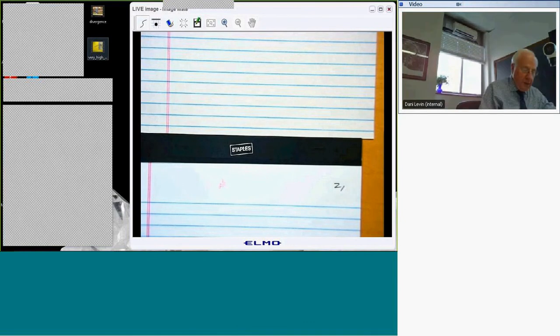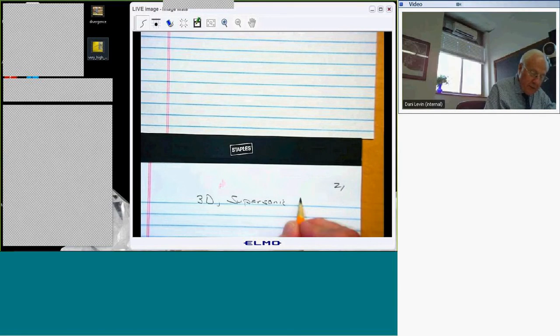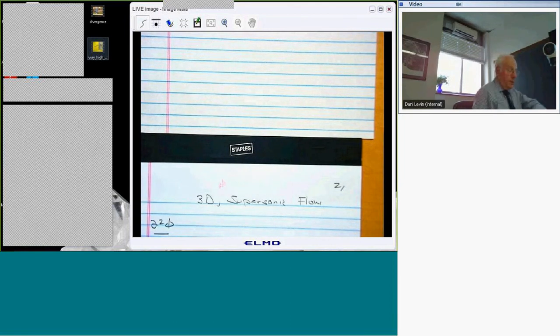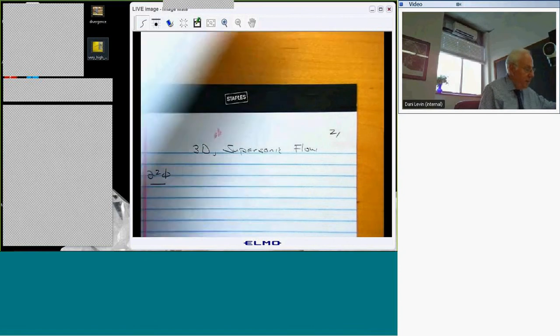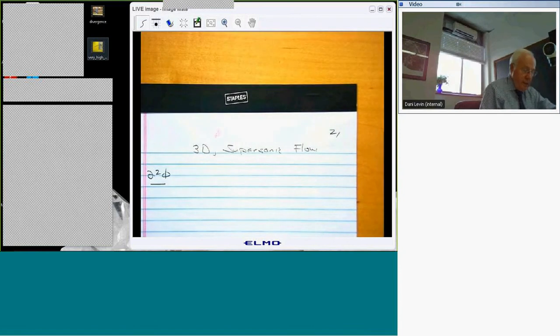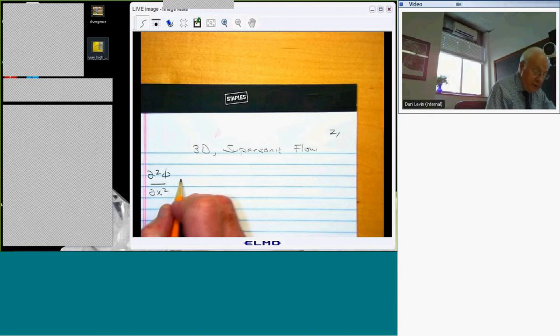Anyway, okay, 3D supersonic flow. So we have our equation, our beloved equation. Here it is.